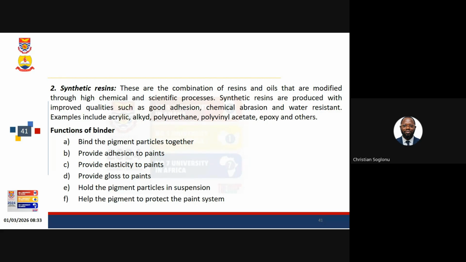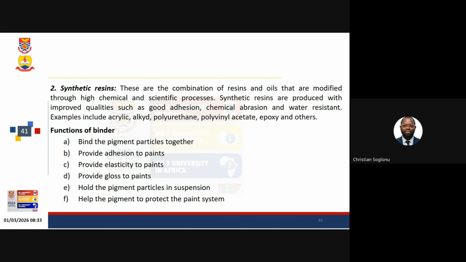Examples include acrylic, alkyd, polyethylene, polyvinyl acetate, epoxy, and others. So all of these are added into the paint to bind the pigment together.